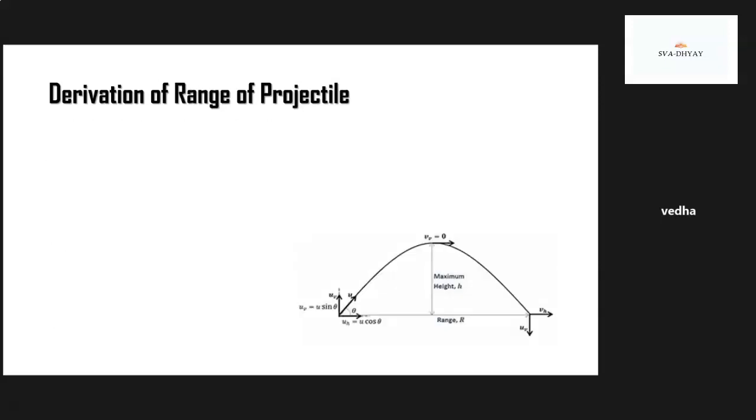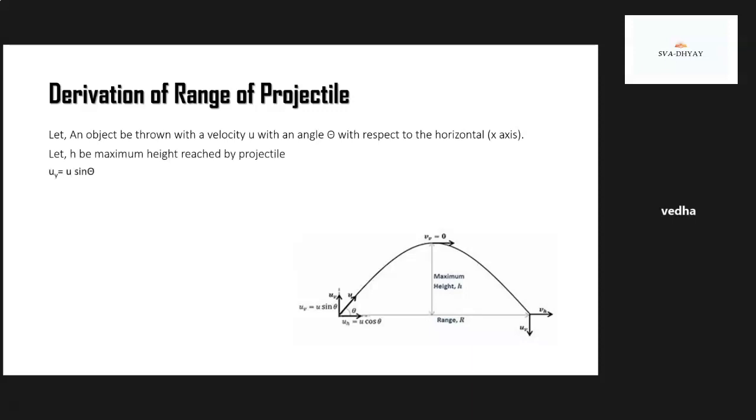Now we will derive the maximum height of projectile. Let an object be thrown with velocity u with an angle theta with respect to the horizontal x-axis. Let h be maximum height reached by projectile. Now velocity along y-axis is equal to u sin theta. At maximum height, final velocity along y-axis is equal to 0. Acceleration along y-axis is equal to minus g.